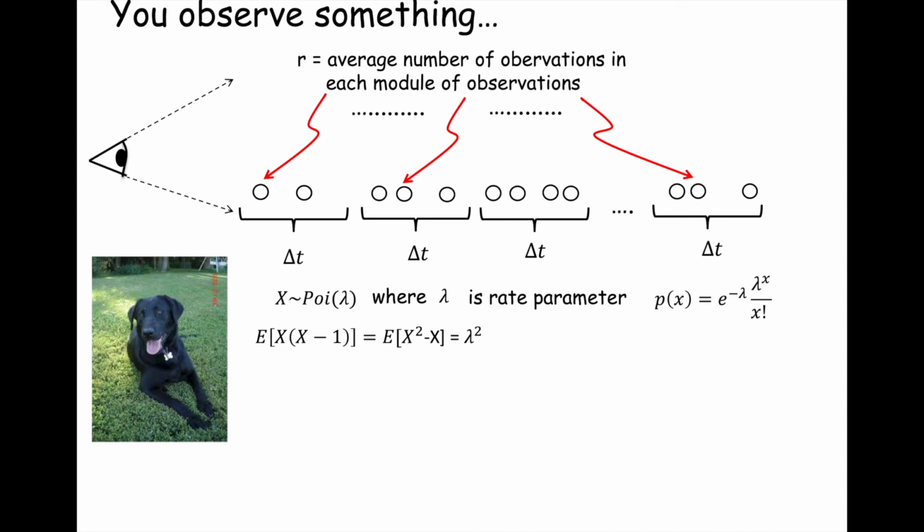So if e of x squared minus e of x is equal to lambda squared, I add e of x to both sides, and what I get is e of x squared is equal to e of x plus lambda squared. That means anywhere I see e of x squared, I can just replace it with e of x, which I already know is lambda from before, and then add a lambda squared to it. Does everyone understand that step?